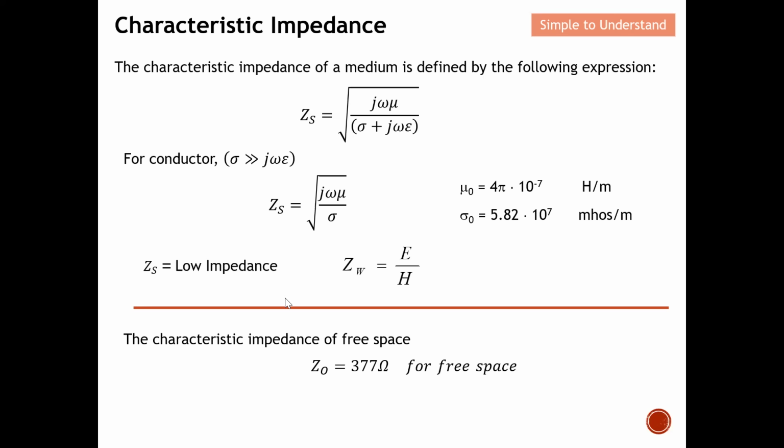In short, the characteristic impedance of free space is equal to 377 ohm, which I have already discussed. But over here, you can see that when we want to do EMC shielding, we need to use a good conductor. When we have a good conductor, we are going to have a high mismatch between the wave impedance and the characteristic impedance of the medium. Therefore, this EMC shielding will be very effective.